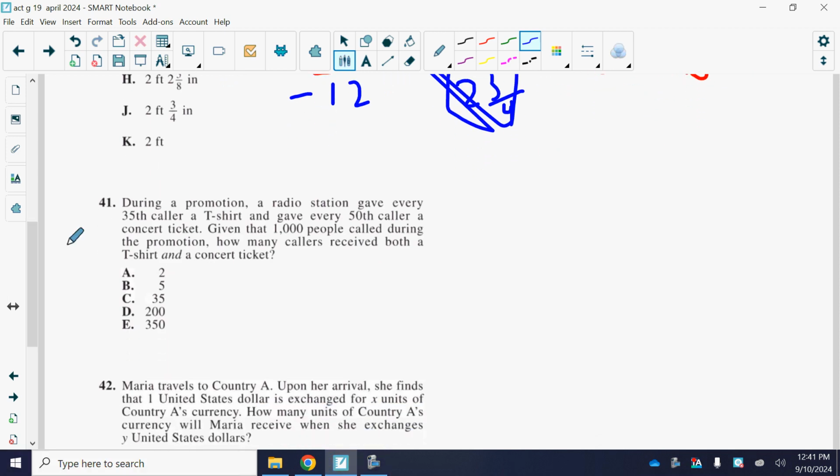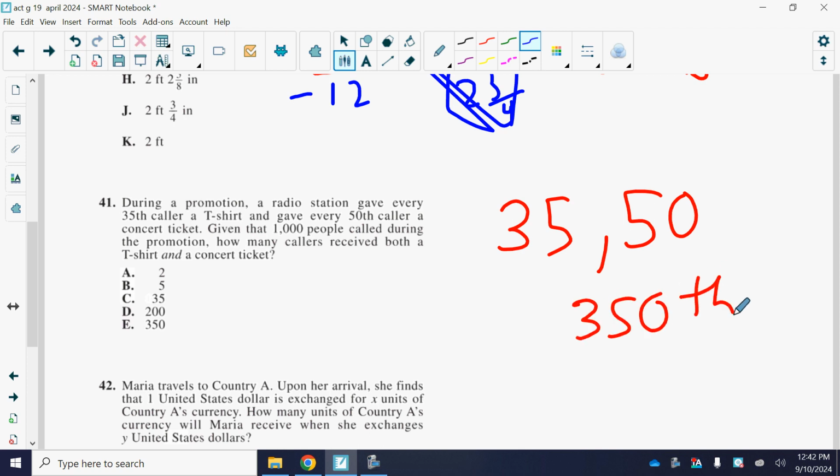This is an LCM. It's the LCM of 35 and 50. Think about it: when is somebody going to call and get the prize twice? Now this is tricky. You hit 35, 50, and it gives you an LCM of 350.